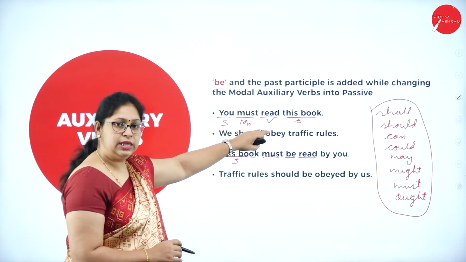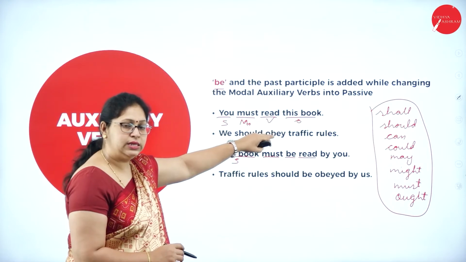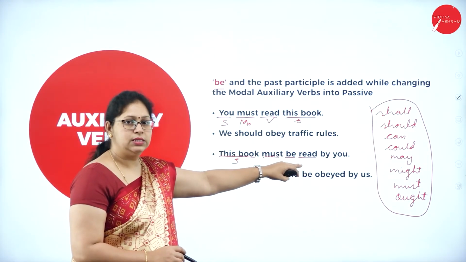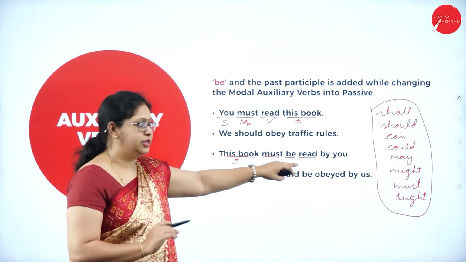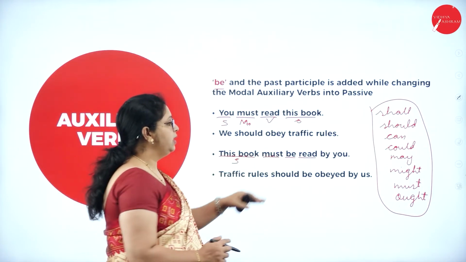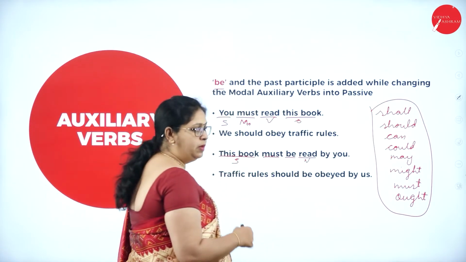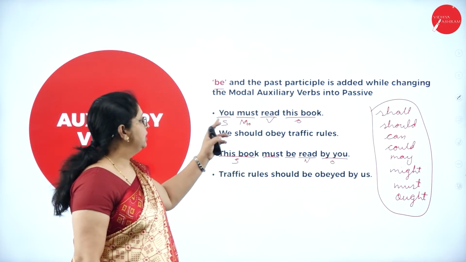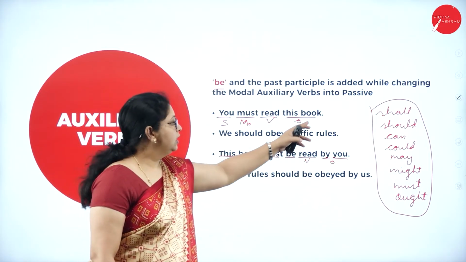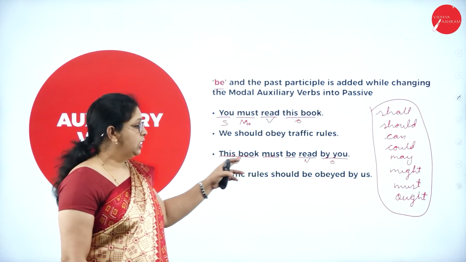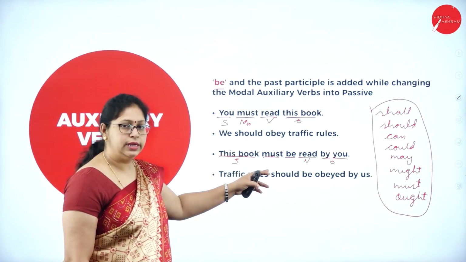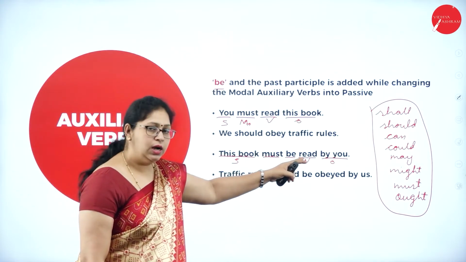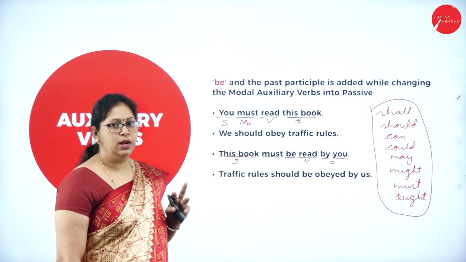The spelling is the same, but here it is pronounced as read in the present tense and here as read in the past tense. This book must be read is the verb form. By you is the object. See, the subject becomes the object, the object becomes the subject. If there is a modal in the sentence, then be form will be added and the verb will be in the past participle form.